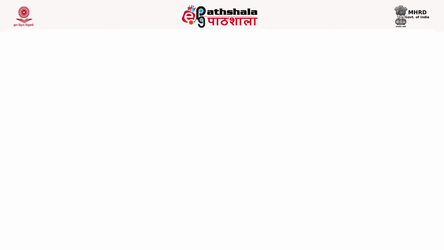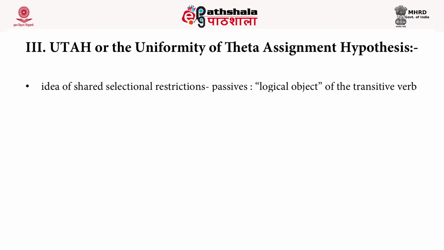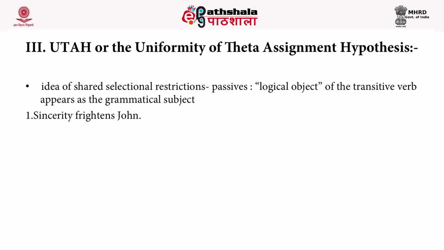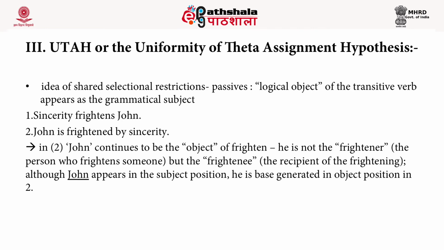Let us move on to our next topic, that is UTAH, the uniformity of theta assignment hypothesis. The idea of shared selectional restrictions, which was applicable in passive, being that the logical object of the transitive verb appears as the grammatical subject in the passive. The minimal pair we saw before: sincerity frightens John versus John is frightened by sincerity.